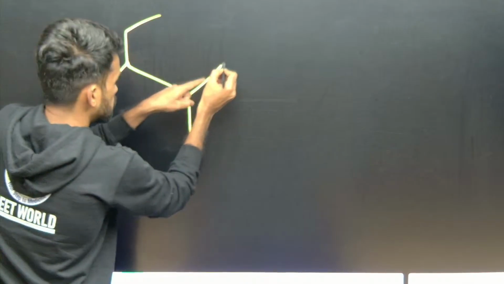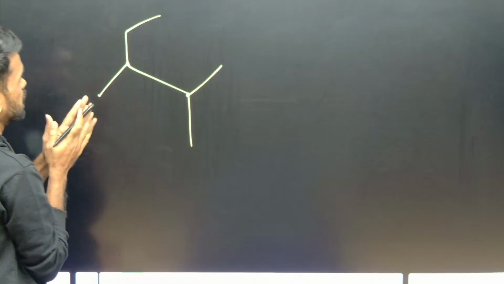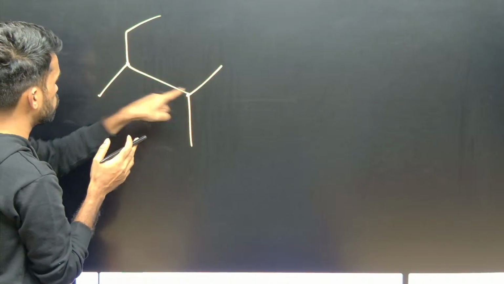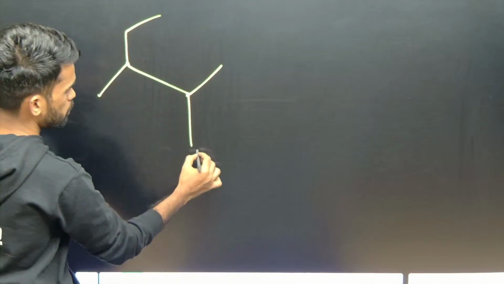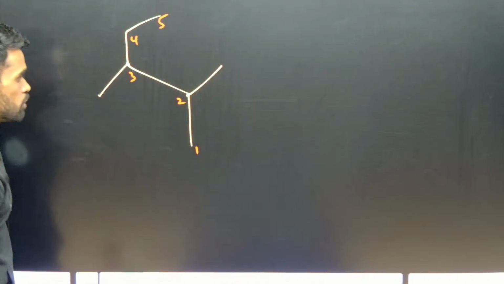Tell me fast. Just identify the number of carbon atoms here. See, if you identify the parent chain here, we require the longest hydrocarbon chain. If I count from here 1, 2, 3, 4 or 1, 2, 3, 4 or 1, 2, 3, 4, 5. Yes, this is our parent chain now. 1, 2, 3, 4, 5. So we got our parent chain.